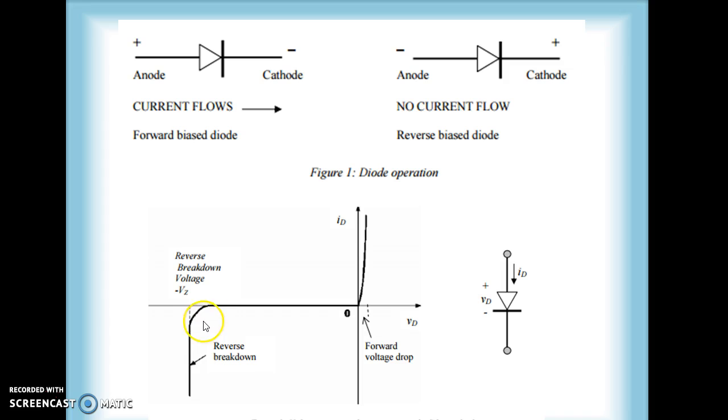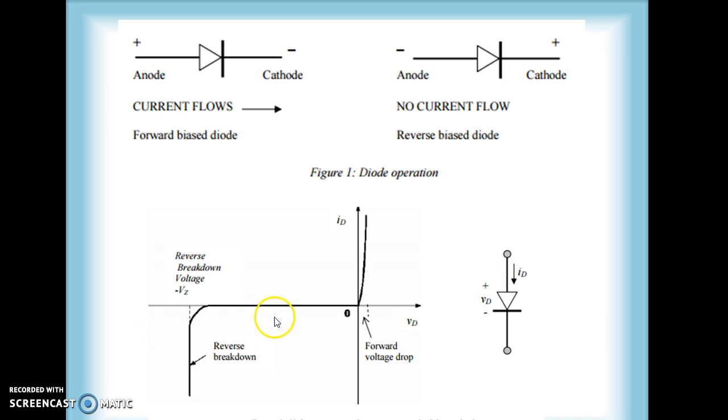When we increase the reverse voltage up to the breakdown voltage, a breakdown of the diode occurs and heavy current starts to flow through the diode. This is called the breakdown mechanism of the diode.